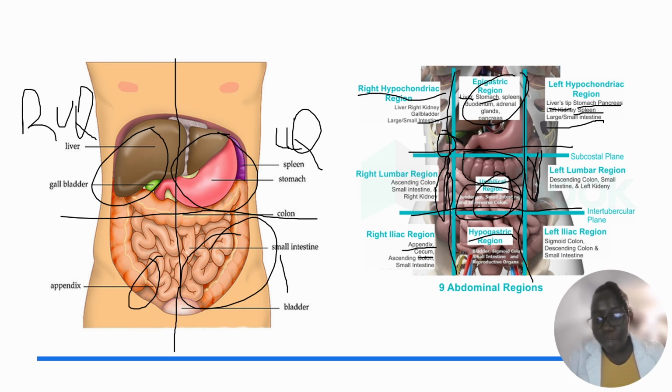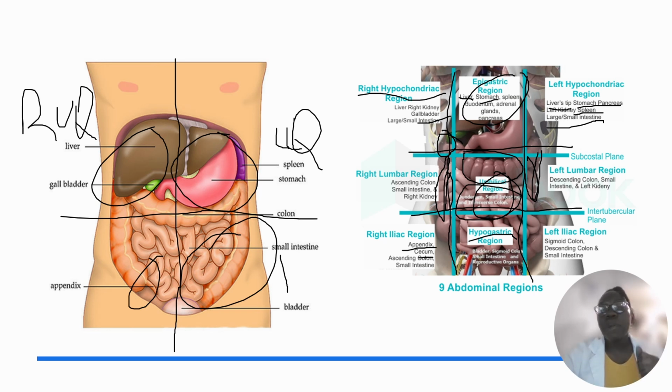And here in the left iliac region, we can see the sigmoid colon, descending colon, and part of the small intestines. So that is what we're talking about, and why it is important to talk about the anatomical position.